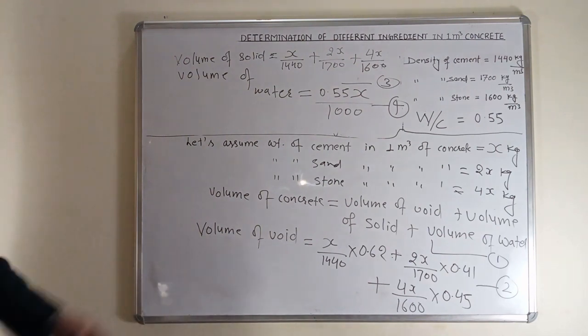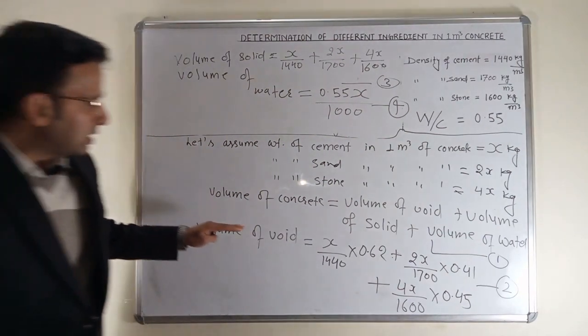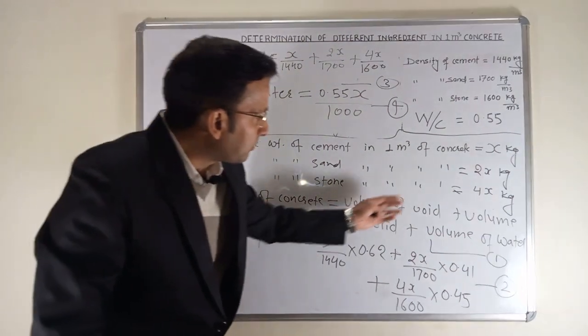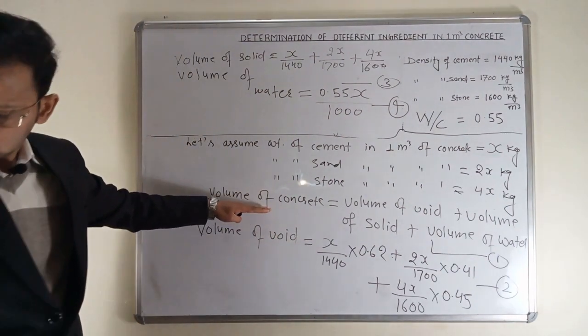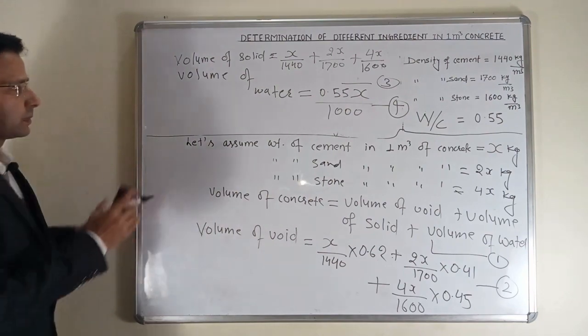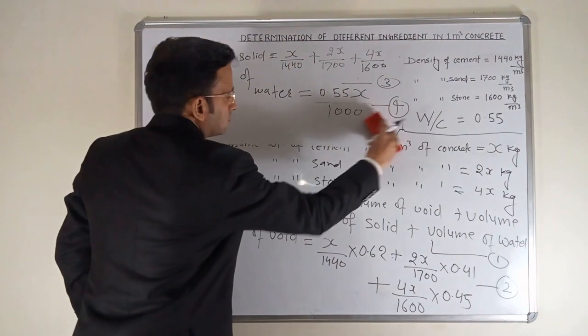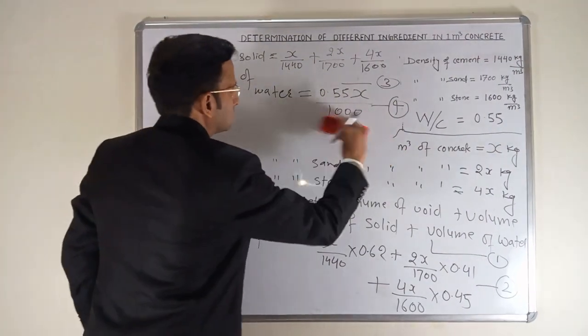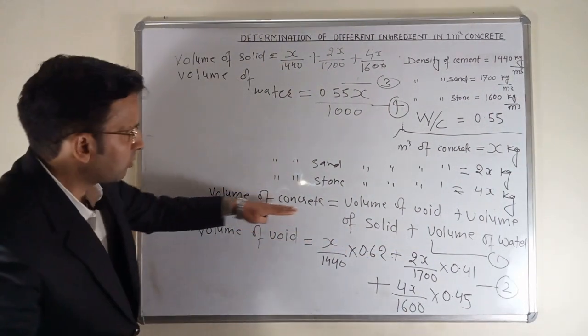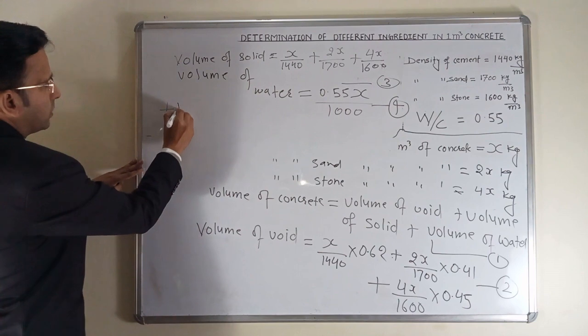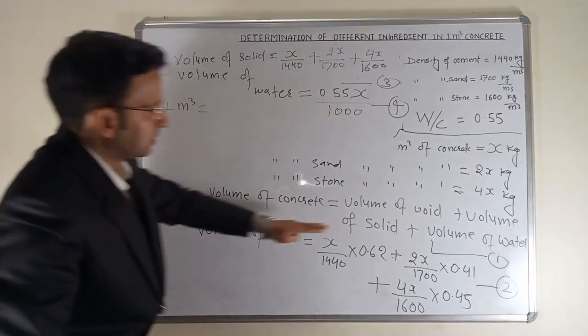Okay. Now we can put the values of different volumes in this equation. We shall get the value of x. So equation 1, this is volume of concrete is 1 meter cube.